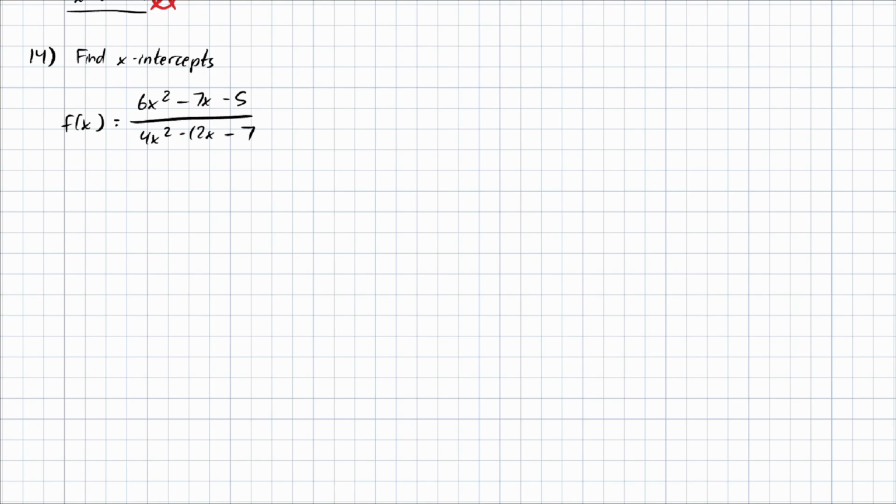First off, let's factor these so it's easy to deal with. So 6x squared minus 7x minus 5. I need two numbers multiplied to negative 30, adding up to negative 7. This is 6x squared minus 10x plus 3x minus 5.